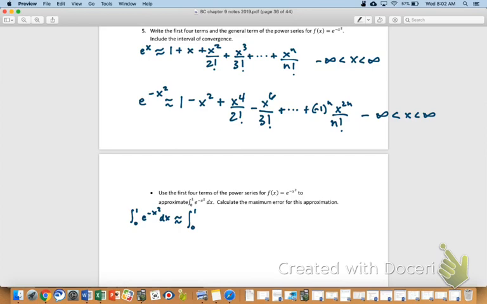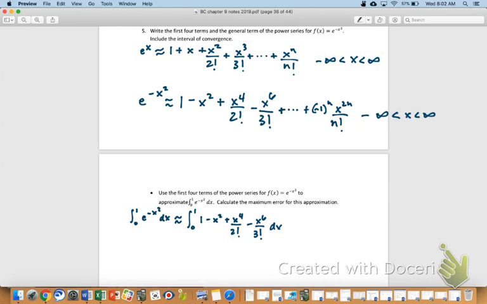So it was 1 minus x squared plus x to the 4th over 2 factorial minus x to the 6th over 3 factorial dx. Does that make sense?